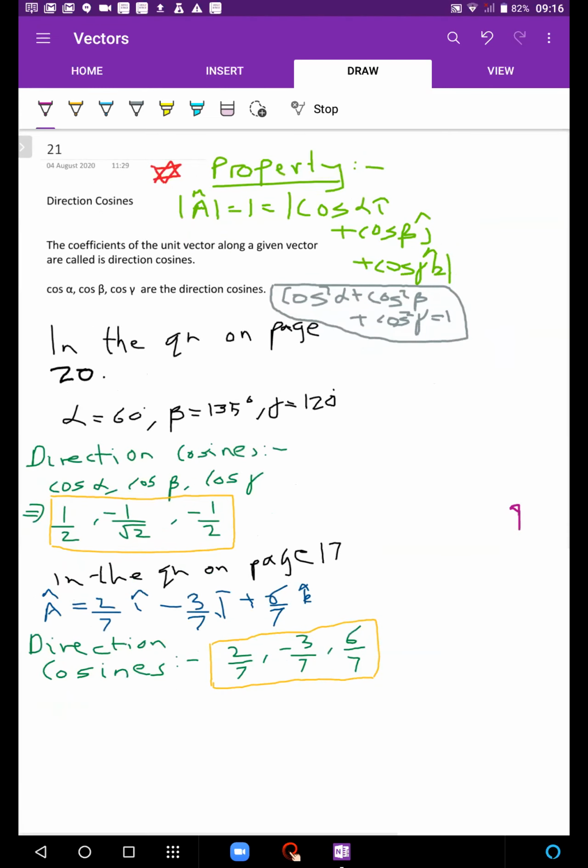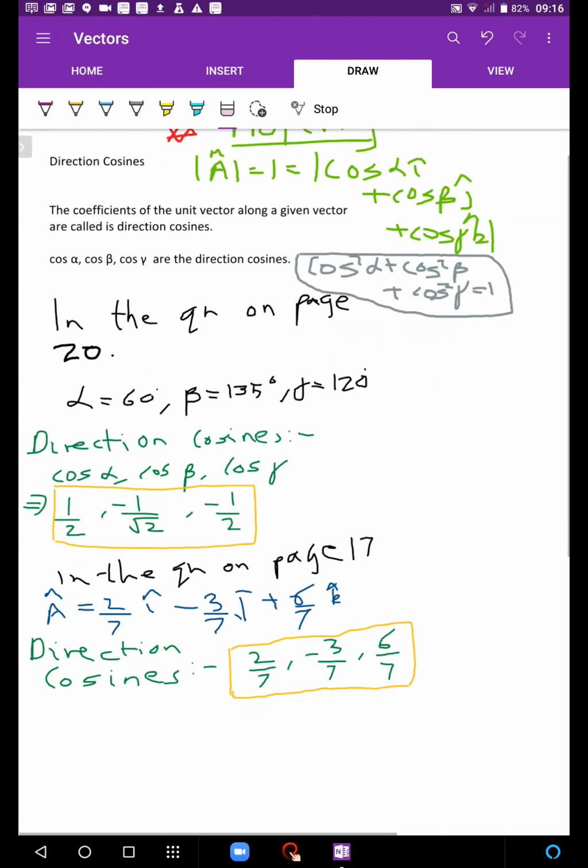Any other doubt? What if you don't square it, you also get 1? Absolutely not. What do you mean, don't square it? If you write the root term, root of cos square alpha plus cos square beta plus cos square gamma, as it is?